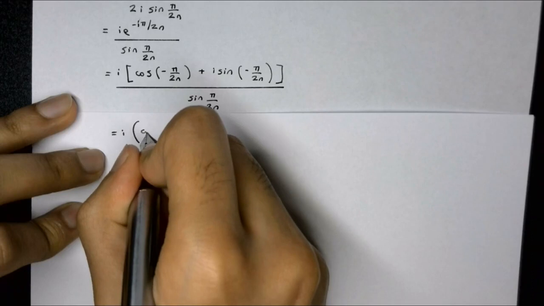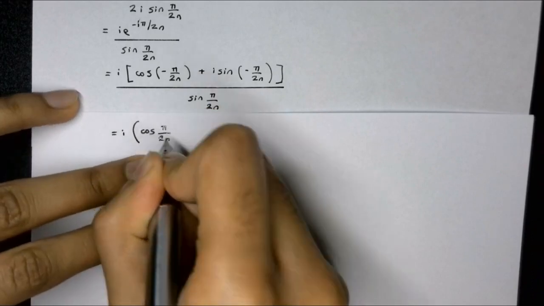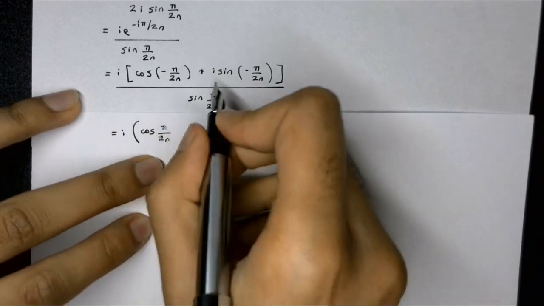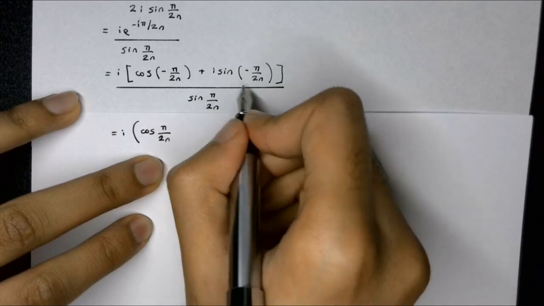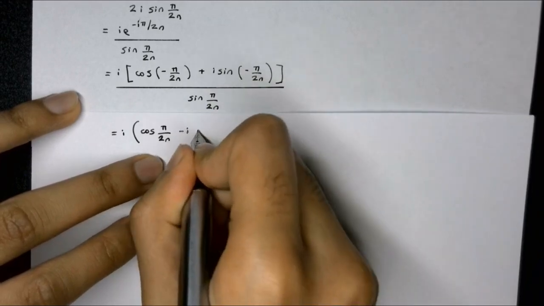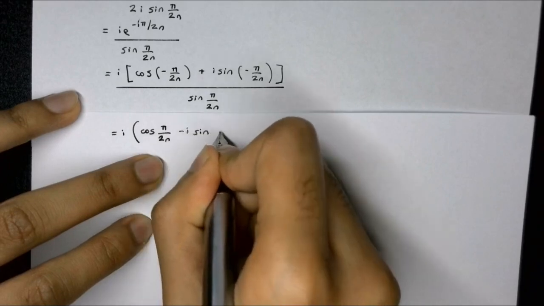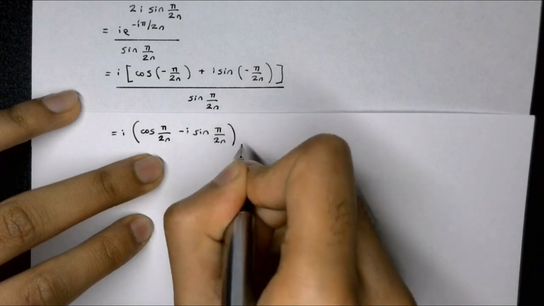So here we've got cos of pi over 2n, okay, and of course with here sine of a minus angle is equal to minus sine of the angle, because sine is an odd function. So here we get minus i sine of pi over 2n, okay.